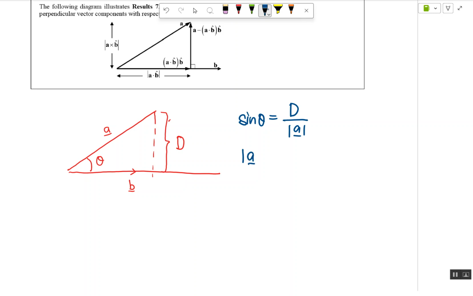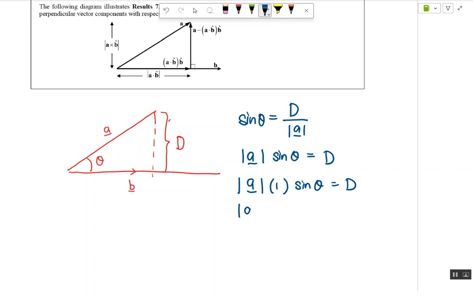Cross multiply: magnitude of A sine theta is equal to D. So what does this mean? This is the same as saying that I have magnitude of A times 1, times sine theta equals D, because times 1 will still mathematically be the same thing.